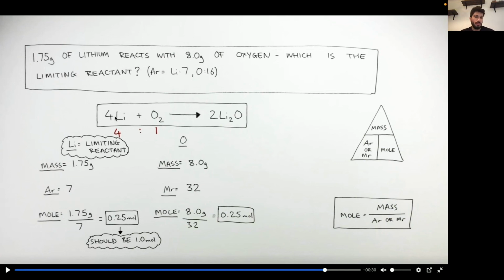Now the ratio is 4 atoms of lithium for every 1 molecule of oxygen. Therefore, if there are 0.25 moles of oxygen, there should be 4 times more than that, 1 mole of lithium, because the ratio is 4 to 1. And because of that, lithium is the limiting reactant.